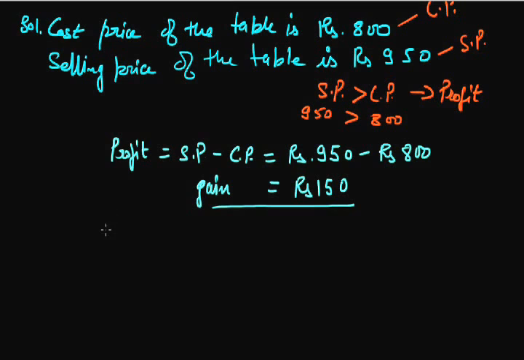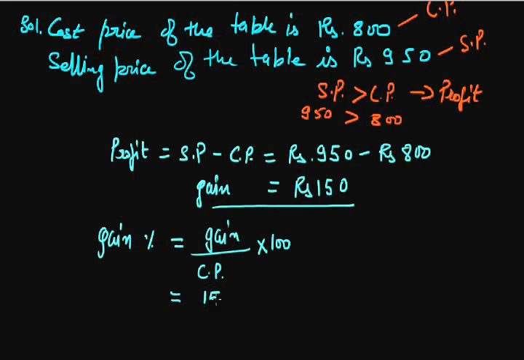We know that gain percent is equal to gain upon cost price into 100. Now the gain is rupees 150 and the cost price is rupees 800, and we have to multiply it by 100.